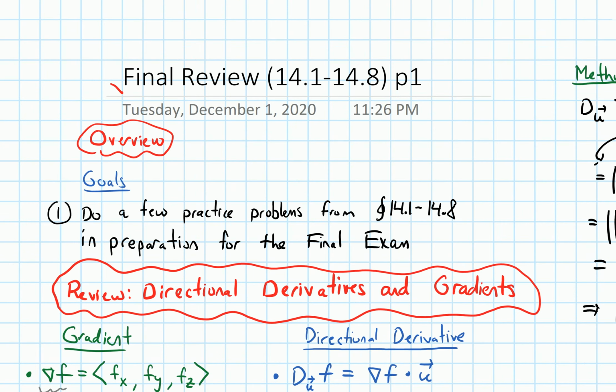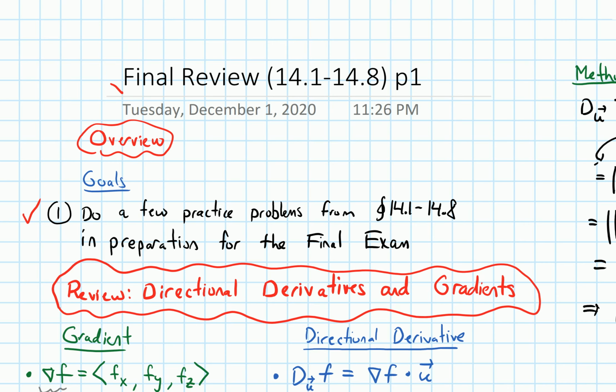We have finished our one goal for this section, which was to do a bit of review for the final from chapter 14 and look at some practice problems. There's no way for me to review all of chapter 14 in one video, so there's stuff I didn't get a chance to talk about today, like limits, section 14.2, or chain rule, section 14.4.